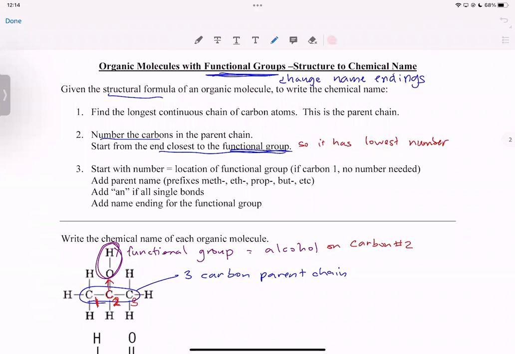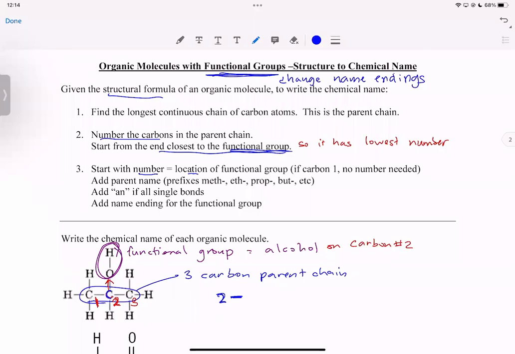So in writing the name, you want to have the number, which is the location of the functional group. And this location of this functional group is on carbon number 2. So you want to start with the 2, the location of the functional group, as the name. And then when you're attaching a number to letters, you need a dash.